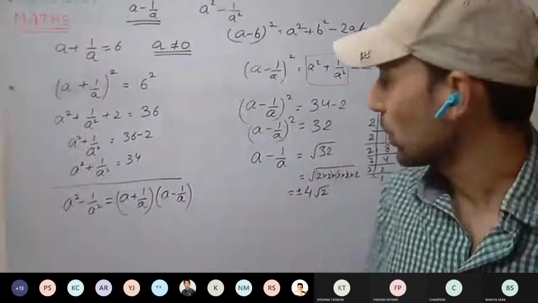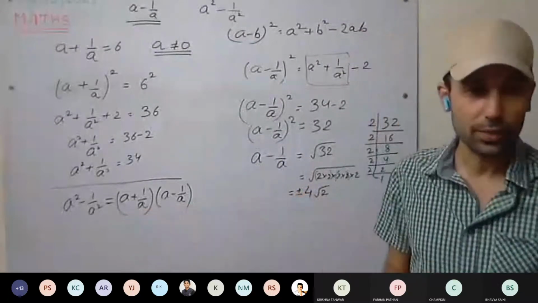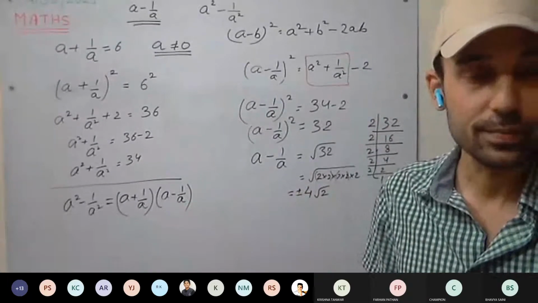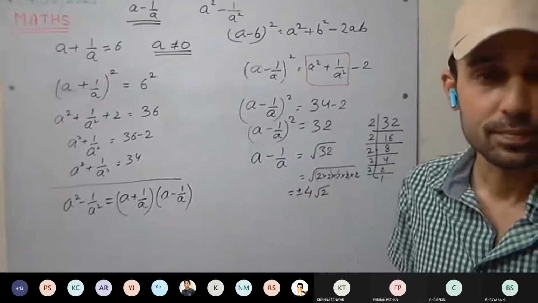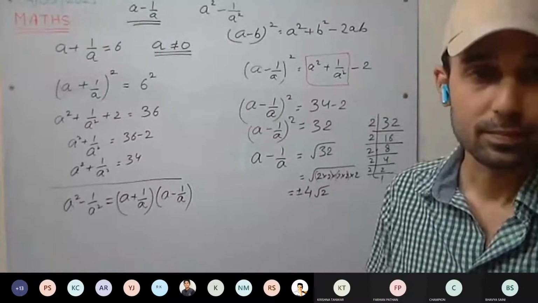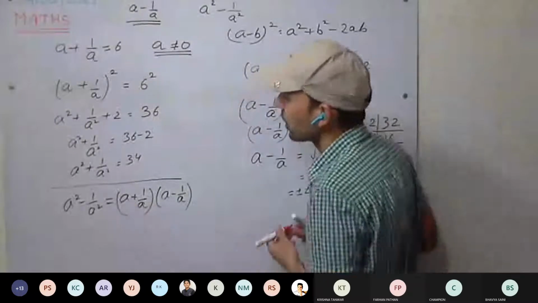So next step, what do we have to do? We have to just put the values of a plus 1 upon a and a minus 1 upon a. That's all we have to do. So put the value and solve it and calculate. So a plus 1 upon a, how much have we got?